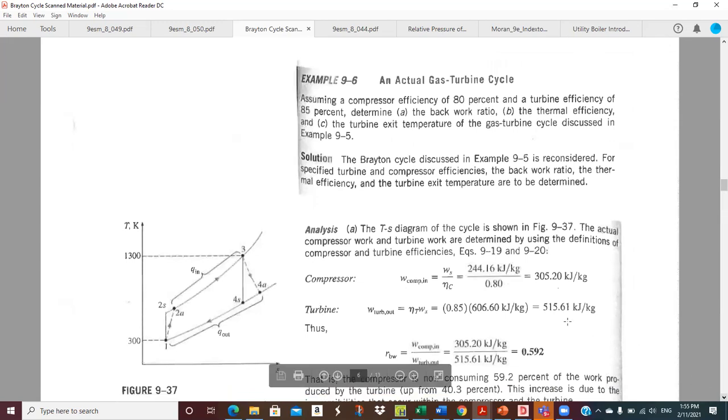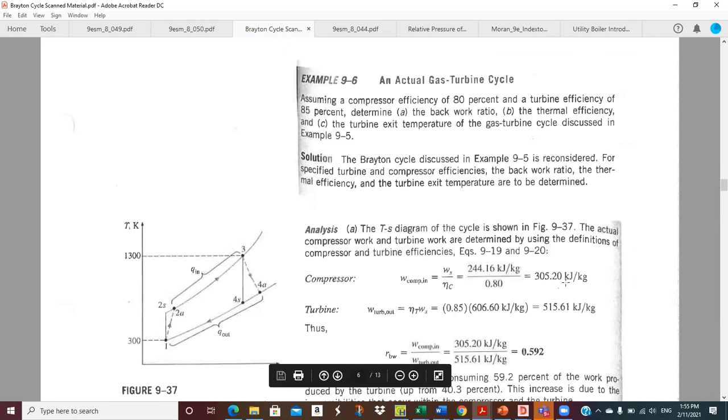Now the compressor has an isentropic efficiency of 80%, so it's 0.8. This is your isentropic work, so you have to divide by 0.8, because this real compressor requires more energy, more input. The real compressor is 305.2.